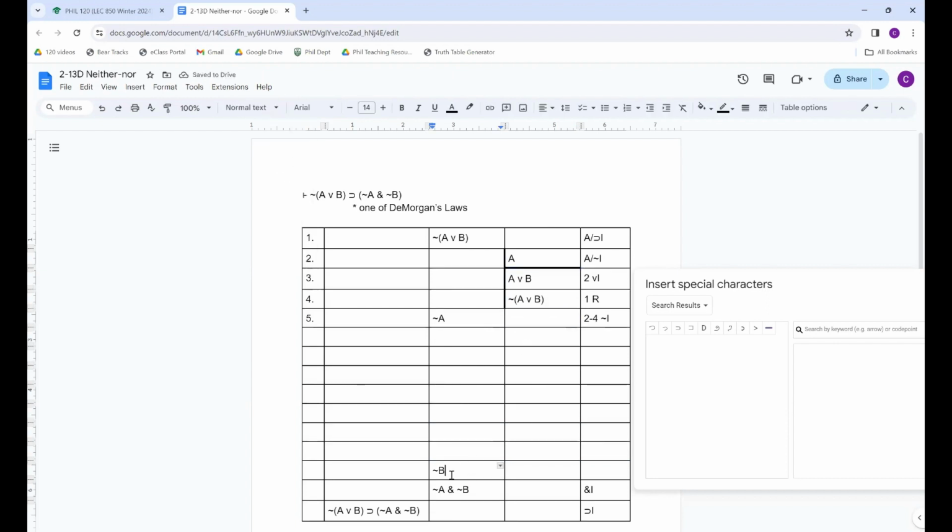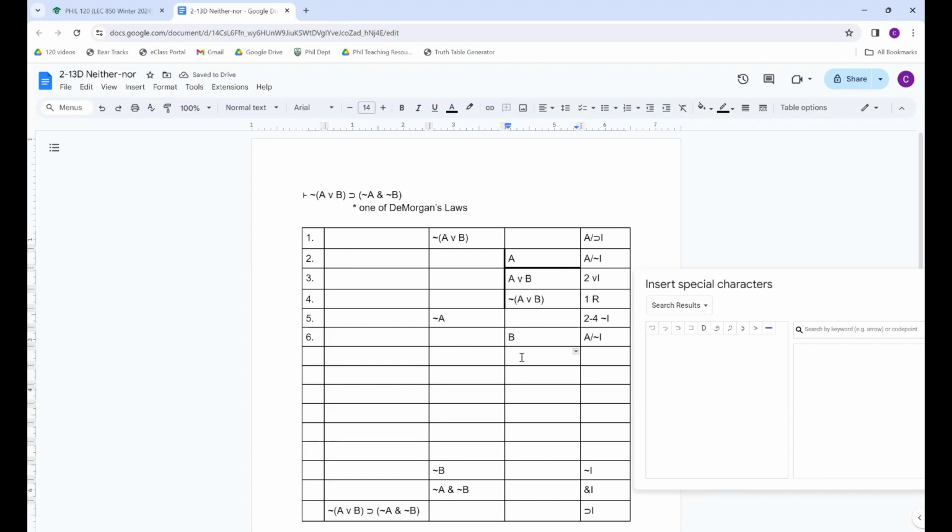Okay, now for this sentence here, we're going to do pretty much exactly the same thing. We'll get it using negation introduction. And so we'll be assuming B for negation introduction. Oh, we don't need to leave a blank line there because we will have that between the two.